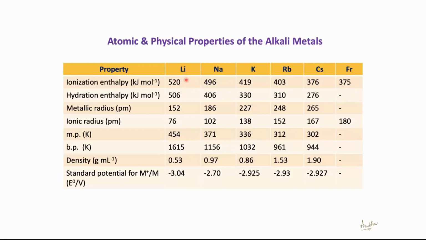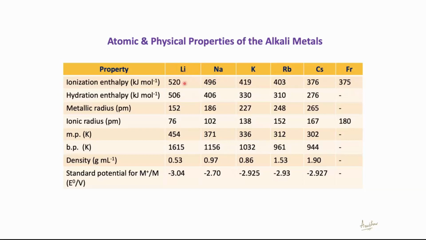So we can discuss this by the effect of another example. Whenever something is small in size, the nucleus will exert greater power on the valence shell electron in case of lithium, because the nuclear charge is the same from lithium to francium. In all the cases, the nuclear charge is +1.